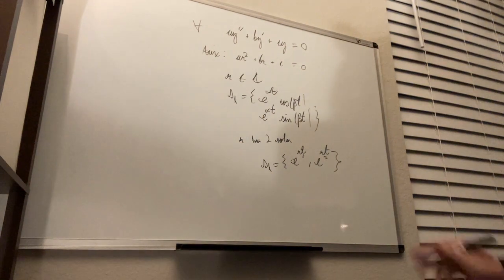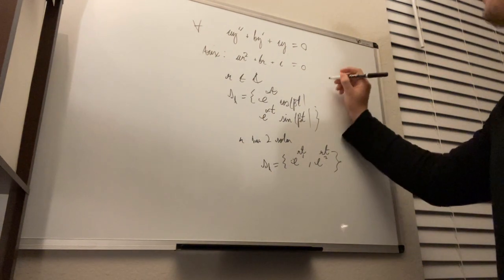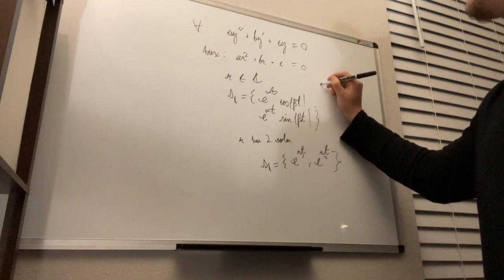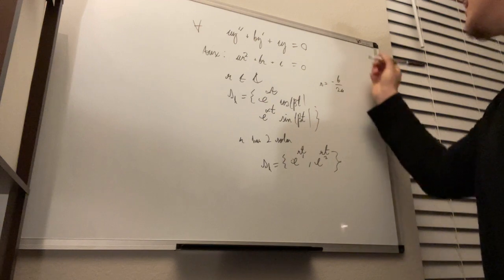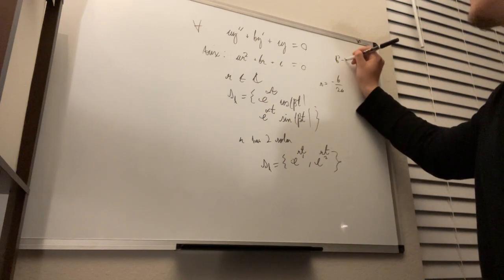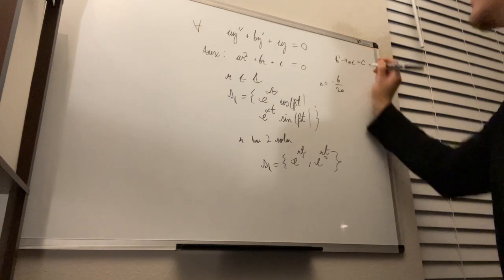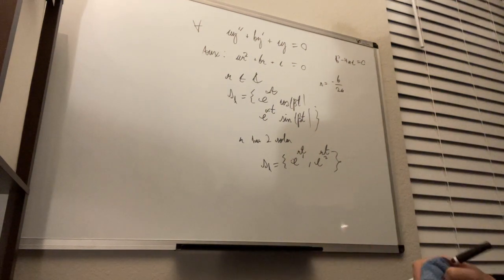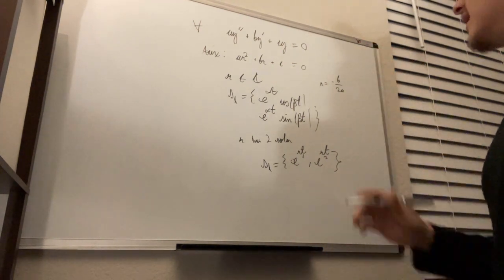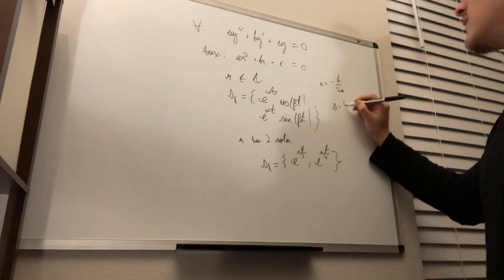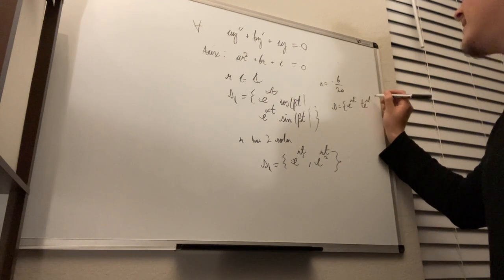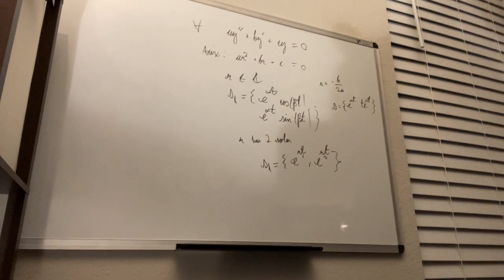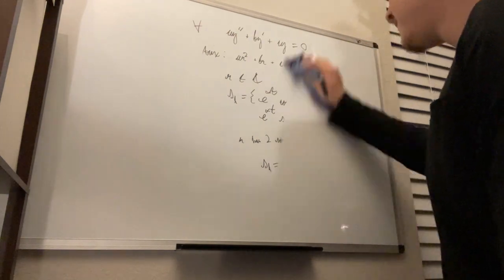And for double roots, so basically r is equivalent to negative b over 2a, such that b squared minus 4ac equals 0, we get that the set is just e to the rt, te to the rt. Right?